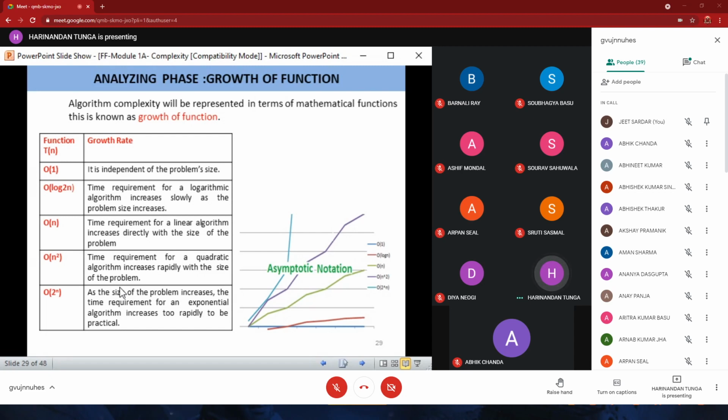Expressing an algorithm in terms of asymptotic notation, order of 1 means it is independent of the problem size, that is, constant.